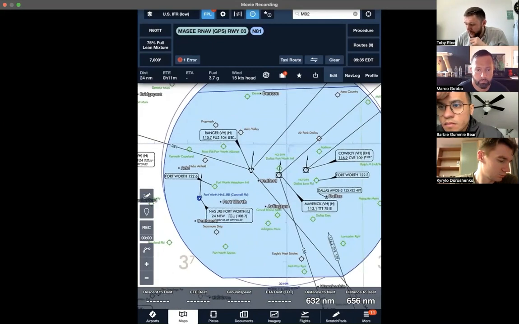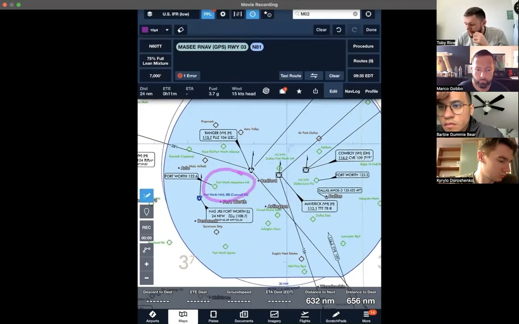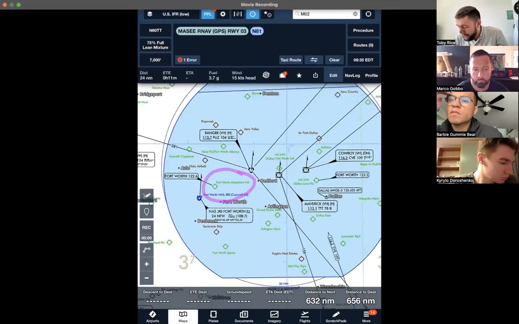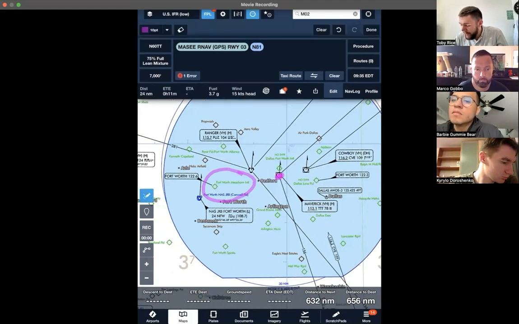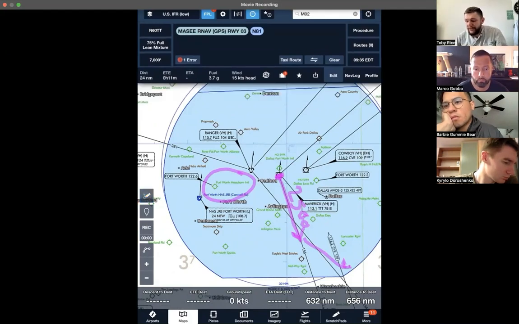Let's say we took off out of the Fort Worth Meacham Airport right here, and we are flying on the J-Pool 9 departure, which goes basically vectors to Maverick VOR, and then you fly some radials and do some turns. And let's say that the MEA on this route here is 2,500. Let's just say that, okay? So you take off out of Fort Worth Meacham.